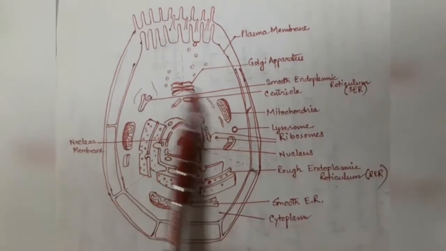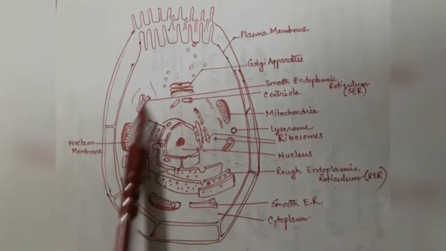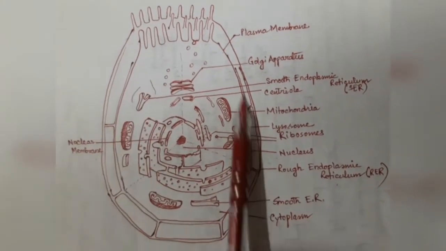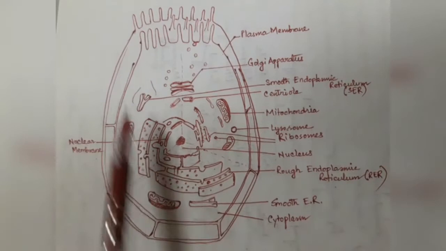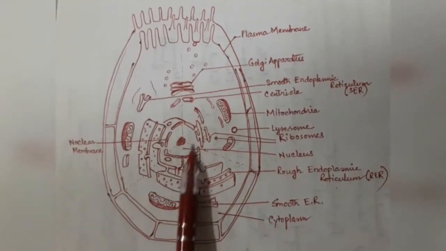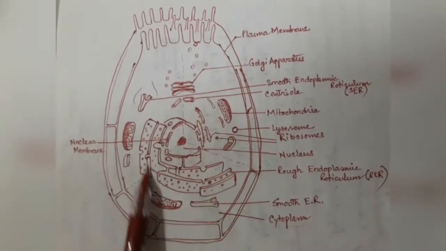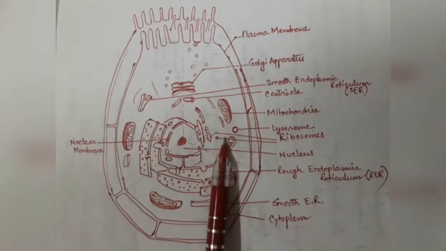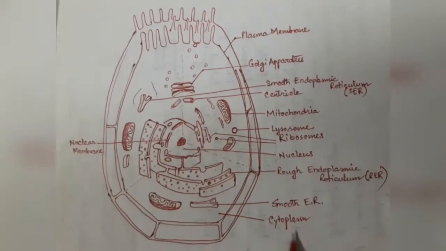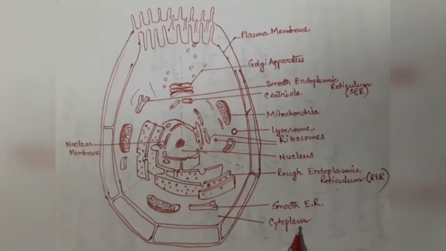So this entire matrix, the ground substance, the fluid substance, which is surrounded by the outer membrane as plasma membrane and excluding the nucleus and definitely the organelles that are present. So the ground matrix, the fluid part inside the cell, that is the cytoplasm, right?